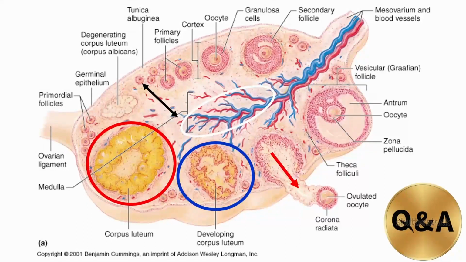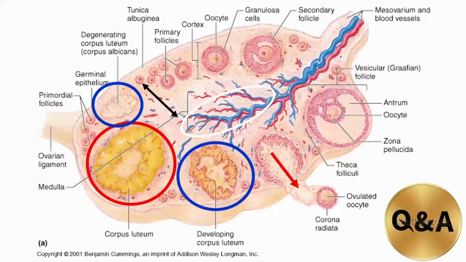That means it stops functioning, and when structures stop functioning, they get smaller and smaller, and this is the last non-functional corpus luteum, and it is called a scar, corpus albicans.